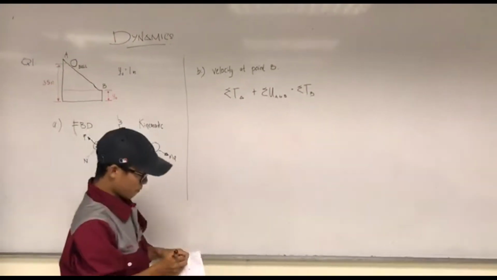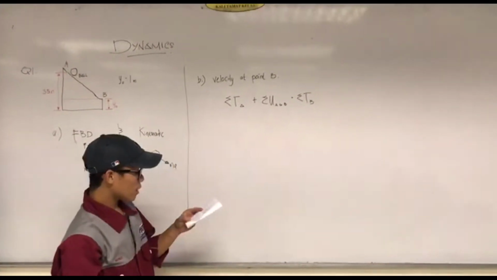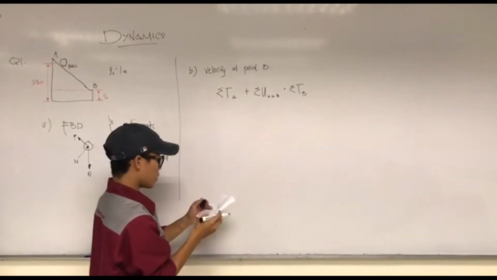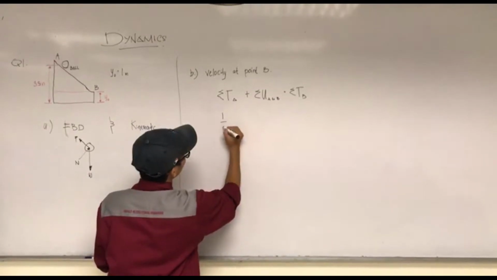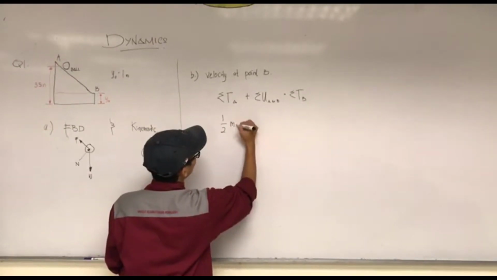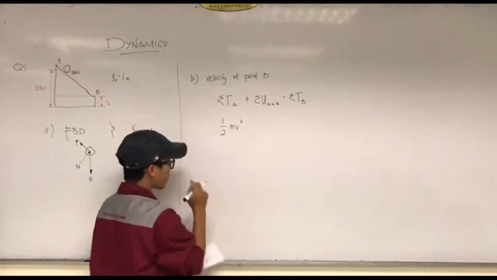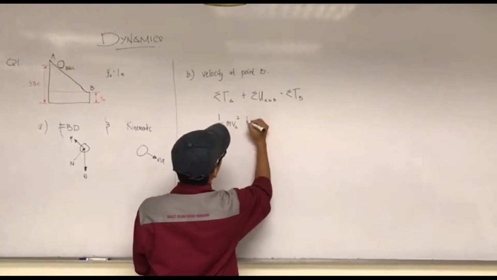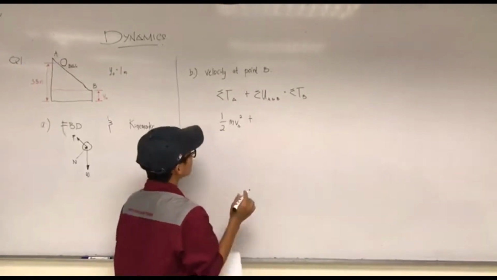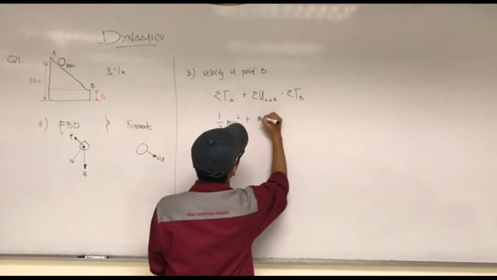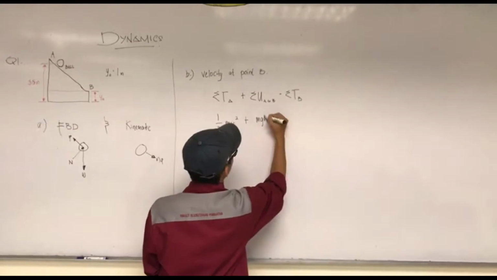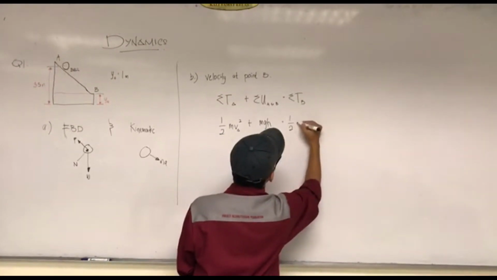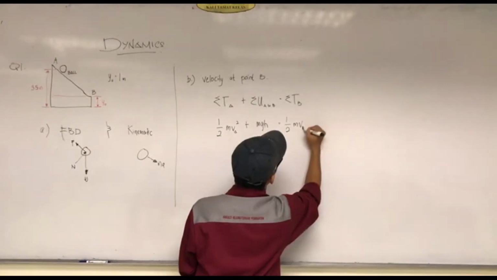So the formula is 1/2 mv square plus mgh equal to 1/2 mvb square.